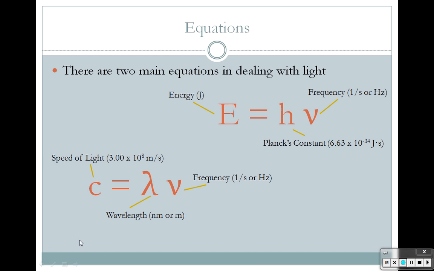So going back to these equations, the second equation down here is the speed of light, which is represented by the lowercase letter c, and that's 3.00 times 10 to the 8th meters per second, equals this Greek letter lambda, which stands for wavelength, and that's measured in either nanometers or meters, times the Greek letter nu, which is the symbol for frequency, which is 1 over seconds or hertz.